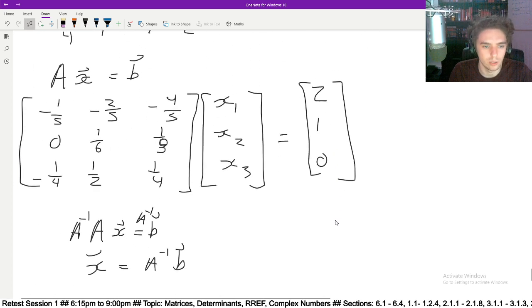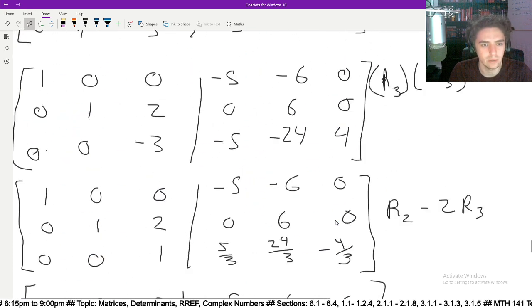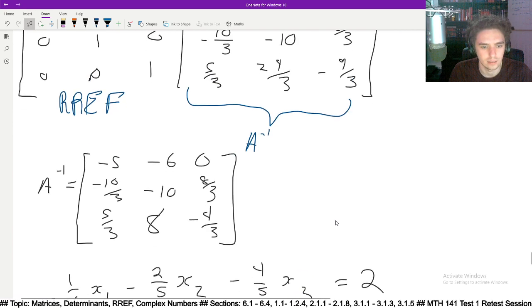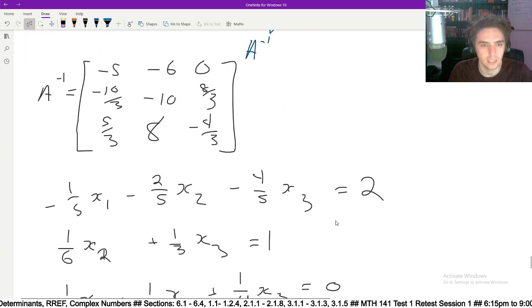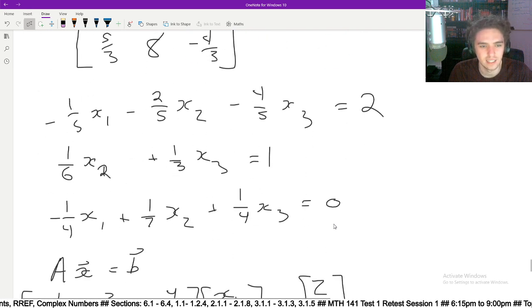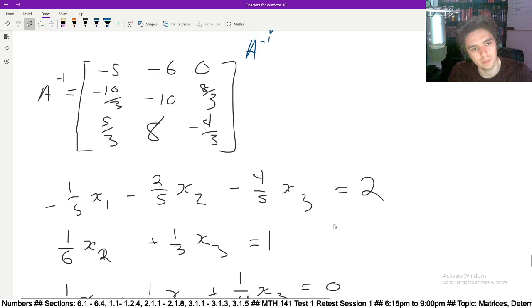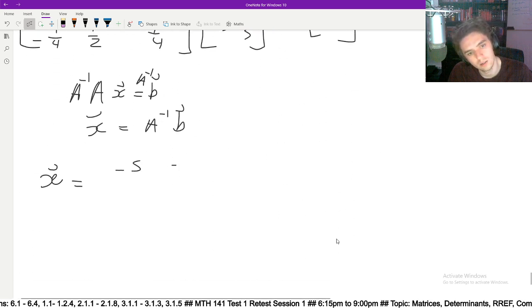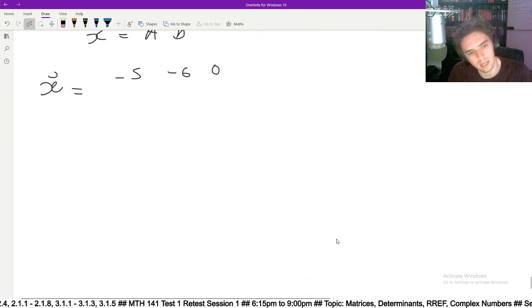So notice that this matrix A is equal to our original matrix A that we started with. It's the same matrix, right? So where are we? Here, right? And so what that means is that this is the inverse. So we can just do x is equal to our inverse that we got. So negative 5, negative 6, 0. Negative 10 thirds, negative 10.